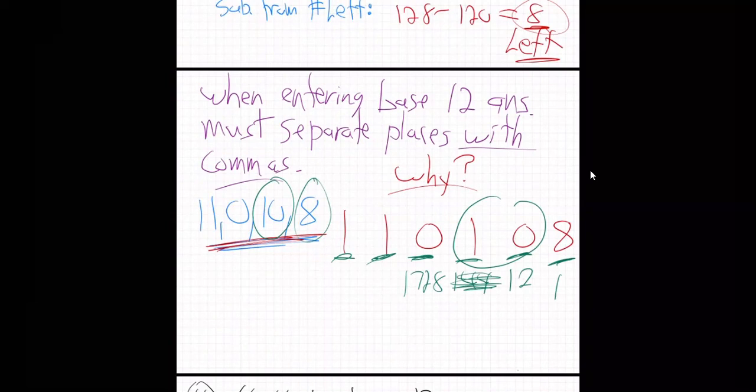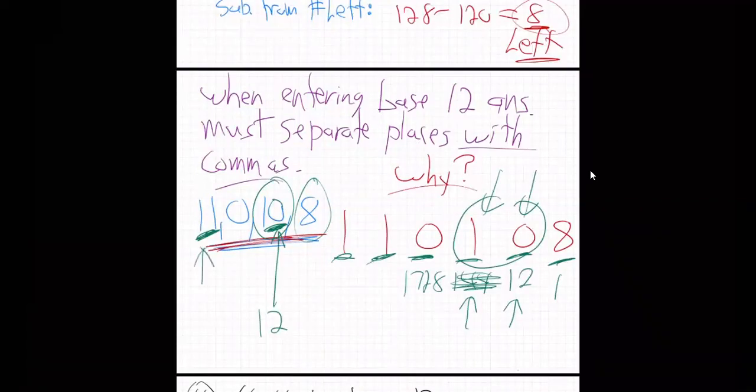Because in base 12, you can have a 10 or an 11, as we see in this problem. You can have a 10 or an 11 in just one place, can't you? You can have 10 or 11 in just one single place. And so you have to use commas. Otherwise, how would anybody know whether the 1 and the 0 from the 10 are in two separate places, like the 12's place and the 144's place, or if the whole 10 is together in the 12's place, which is actually the truth of our answer.